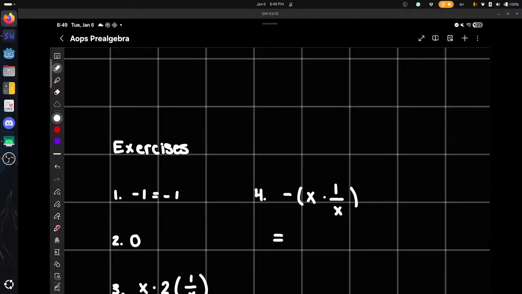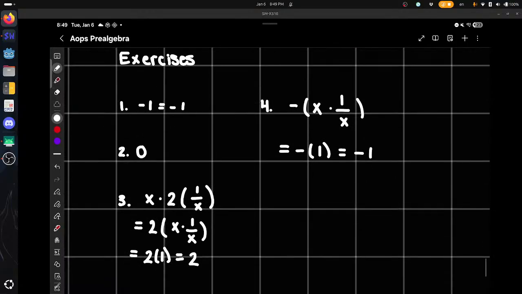What is the product? I think we're left with this. So we're left with the negation of 1. Okay.